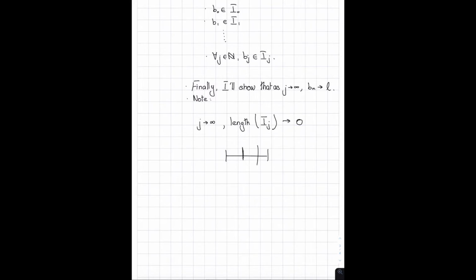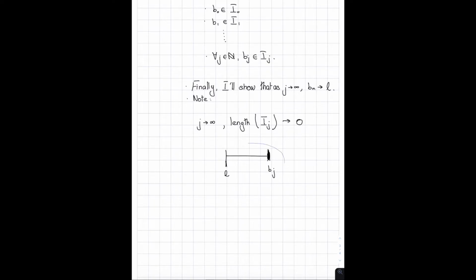So if it's here, this is the distance between b of j and L, whereas this is the length of the interval I of j. The greatest distance will occur when L is right here and b of j is right here, and in this case the length of I of j and the distance between b of j and L are equal.